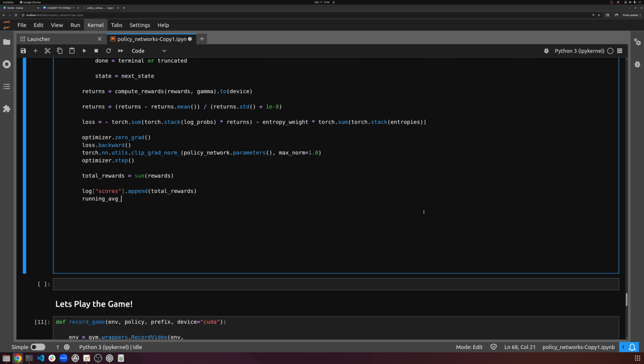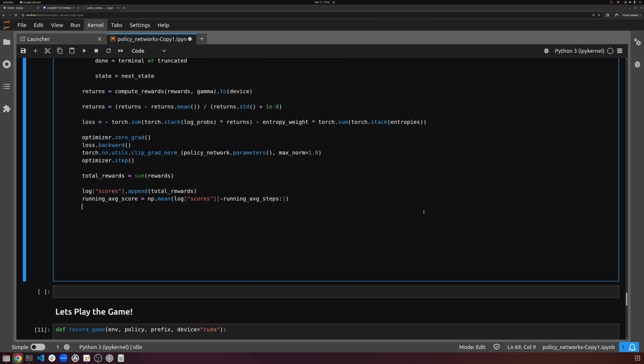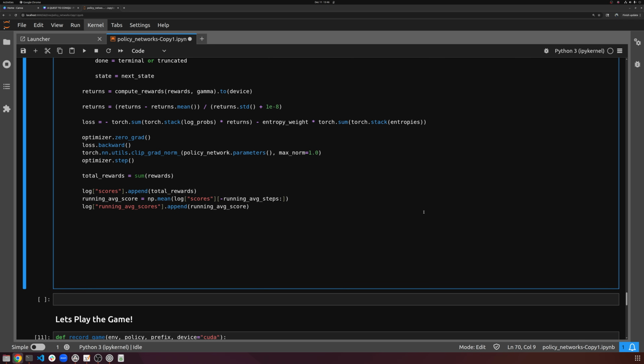And then our running average score is going to be np.mean of log scores. And we're just going to look at the last negative running average steps, right? However many we wanted. Just go ahead and grab them, average them together, and our log running average scores. And we're going to do .append(running average score). And there we go.